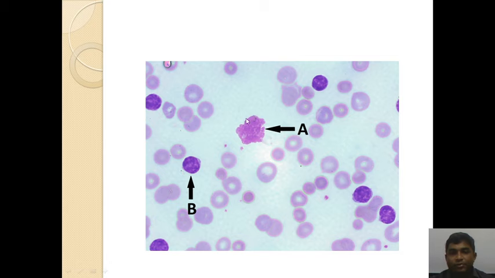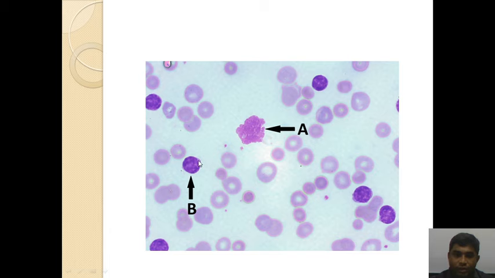So this is a blood film of a patient with CLL. As you can see, there is increase in lymphocytes. In this blood film you see just lymphocytes, you can't see much of neutrophils, and this is a cell which appears like a normal mature lymphocyte, because the size of the cell is almost equal to the red cell.